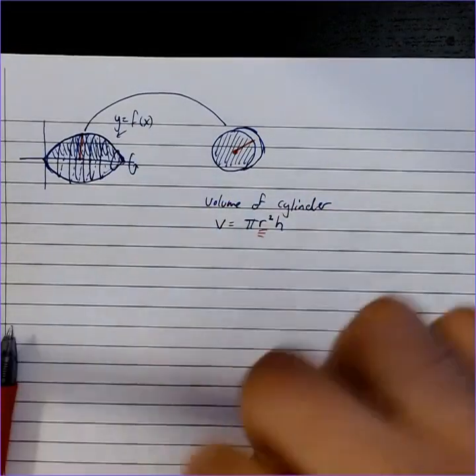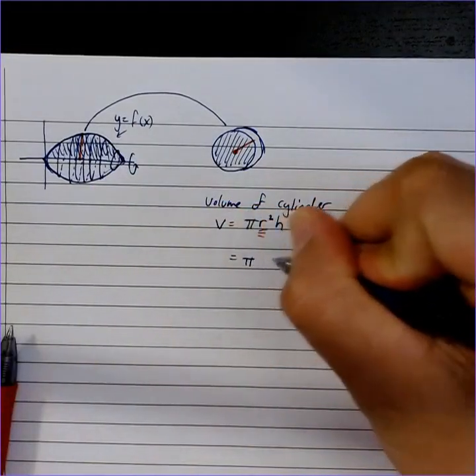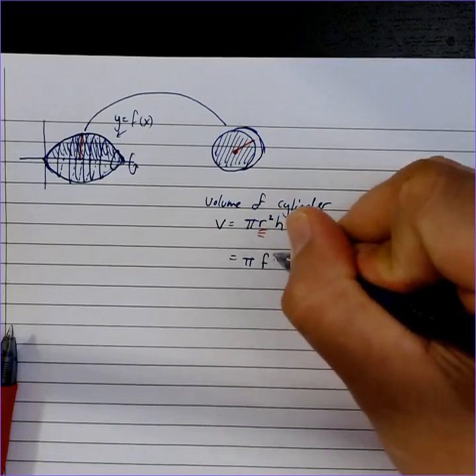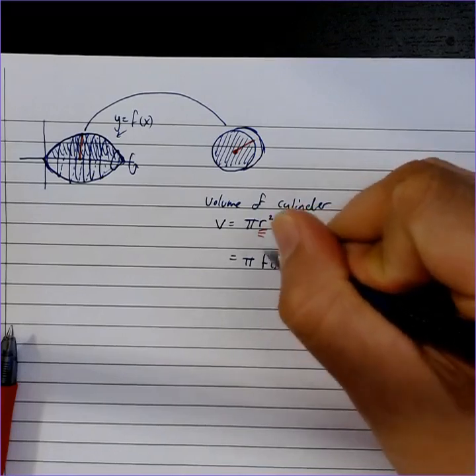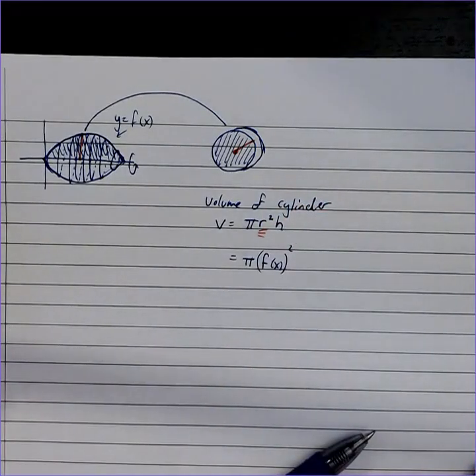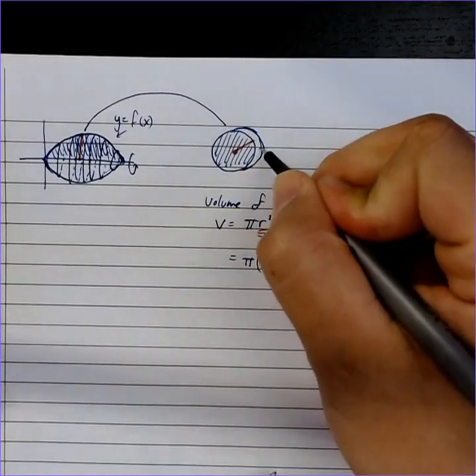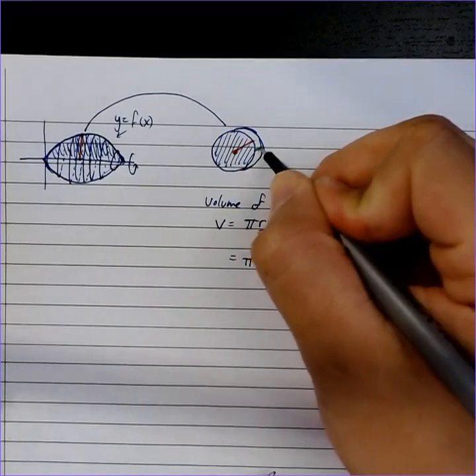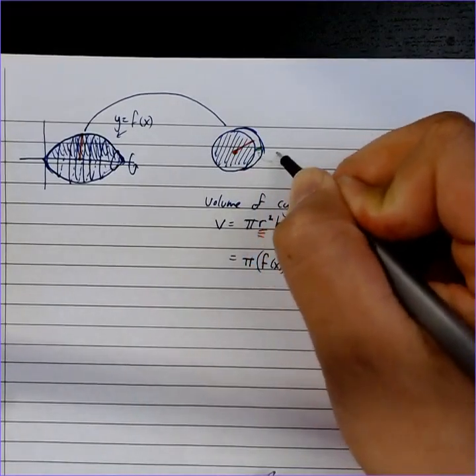So here we can write this as pi times the function of x quantity squared times your height. Oh, hold on. What about height? Well, we can write height a slightly different way as well, because this height is a very, very tiny little height. This thickness of this little coin, that's our height.